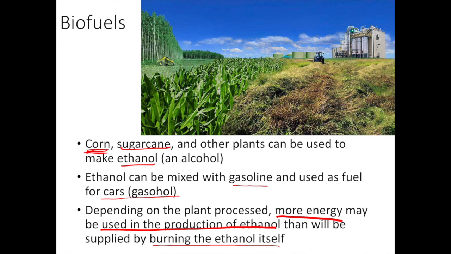Versus fossil fuels, where we didn't make them, we've just taken them out of the ground, so we're not losing any energy. But with biofuels, we're making it, and it's less efficient. We're actually wasting energy. But the pushback on that is, well, this is still mostly in the research phase.